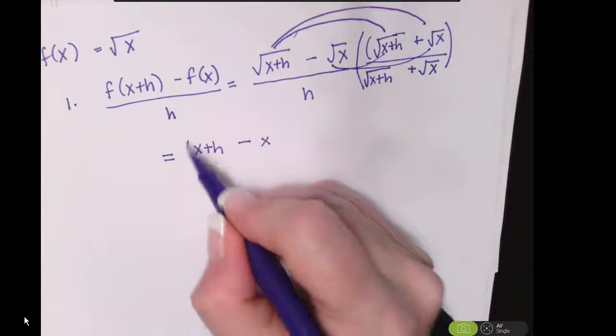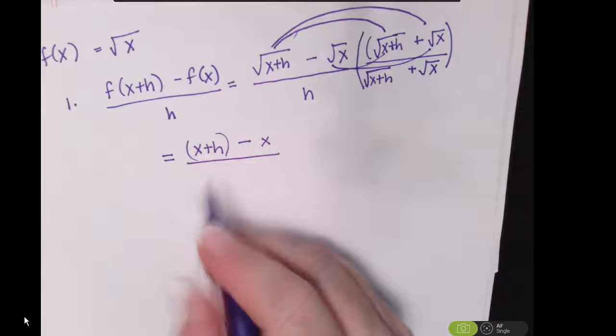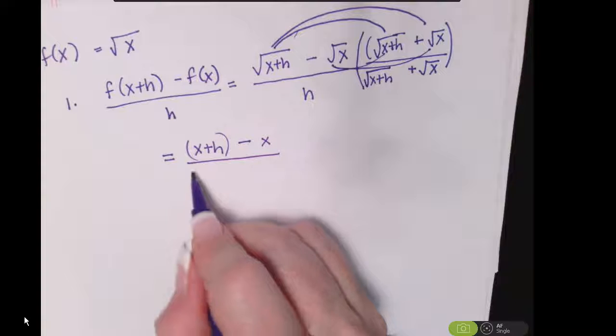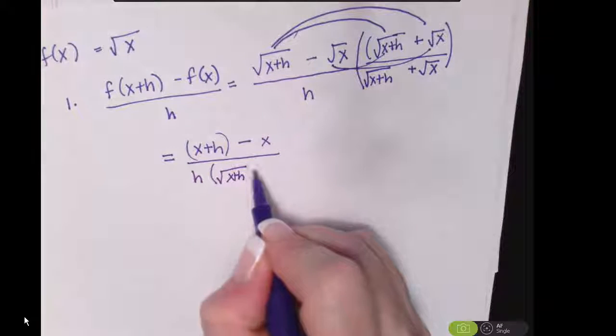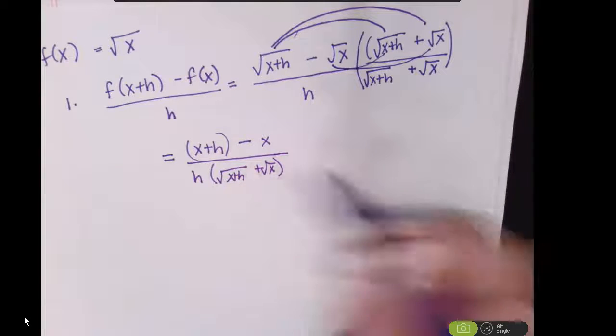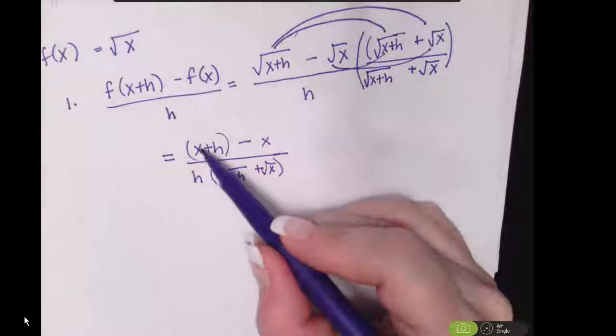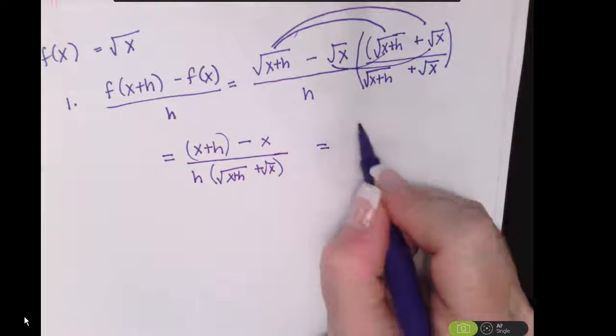And then in my denominator, that's where I kind of have a bunch of messy stuff now. So I've just got h times the square root of x plus h plus square root of x. So what's the point of all this? Well, you can see that x plus h minus x, we end up with simply h on the top.